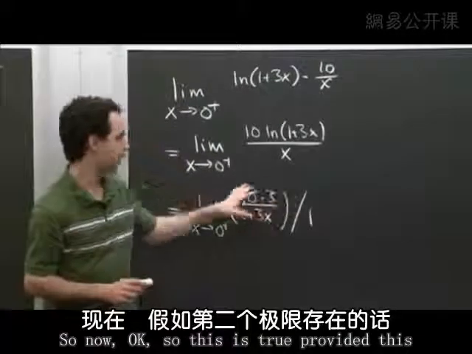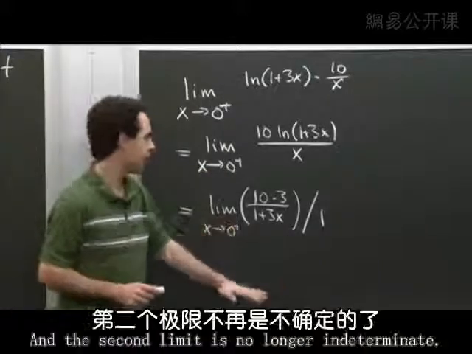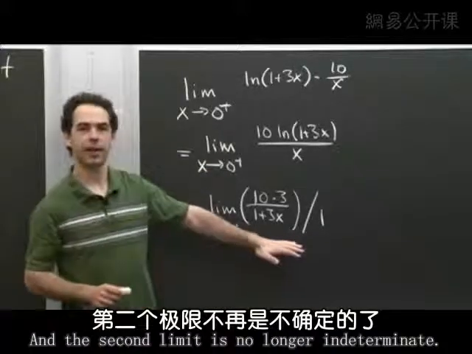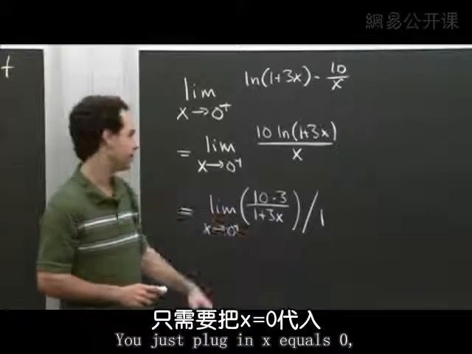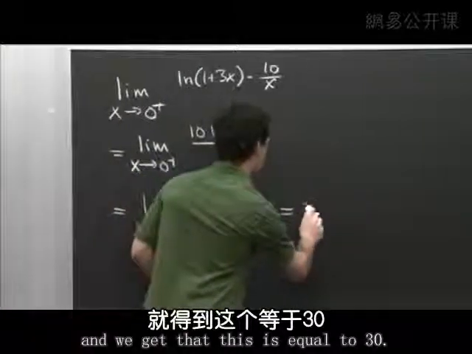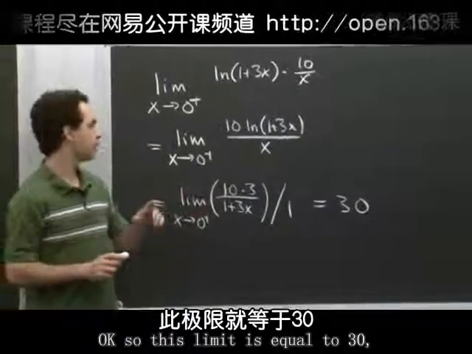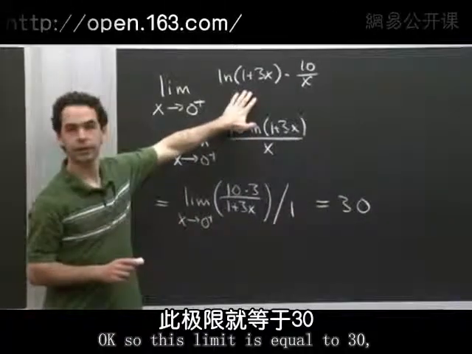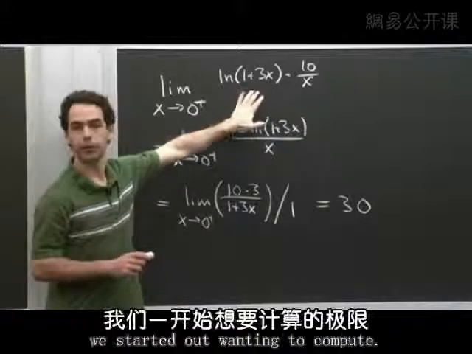This is true provided this second limit exists. And the second limit is no longer indeterminate. It's easy to see what it is. You just plug in x equals 0, and we get that this is equal to 30.